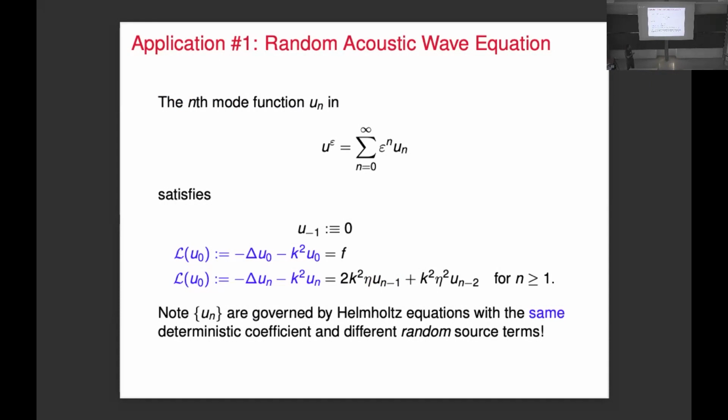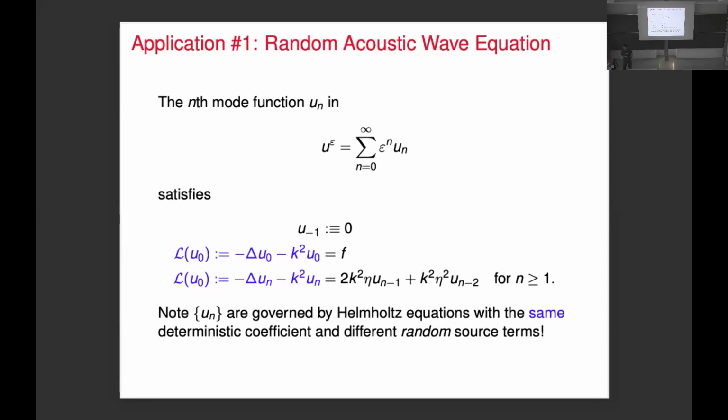You just write your solution in terms of powers of epsilon. You plug it in, and now just to show you exactly what this operator is: it's nothing but Helmholtz as expected, but it's a deterministic Helmholtz. Alpha disappears, all the randomness goes to the right hand side. So each mode satisfies the same operator on the left hand side. That's exactly what the framework says.